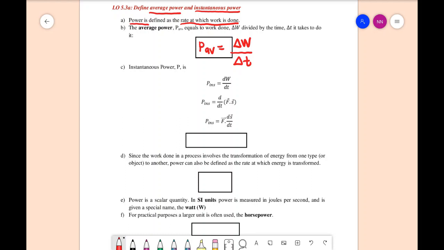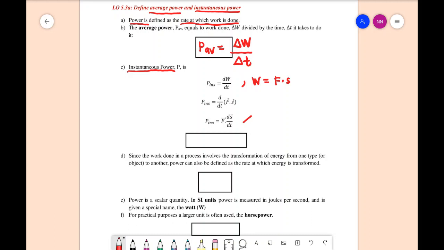And then, how about the instantaneous power? Instantaneous power is power at that particular time. We can get instantaneous power by using the formula P instantaneous equals dW over dt, where work W equals F dot S. We can differentiate d dt of F dot S, because F is constant, so P instantaneous equals F dot ds per dt.